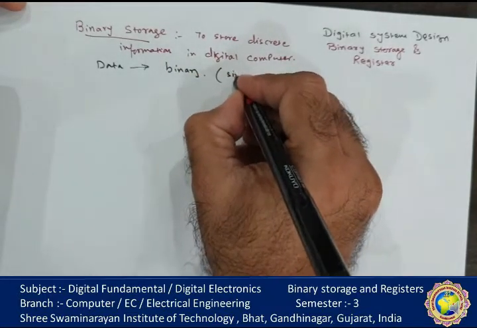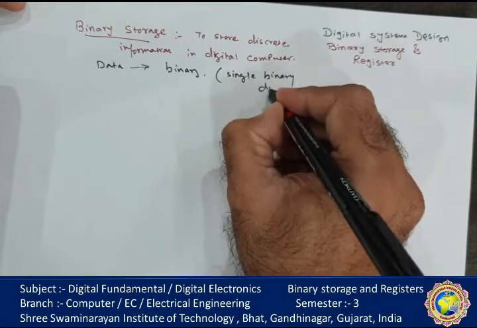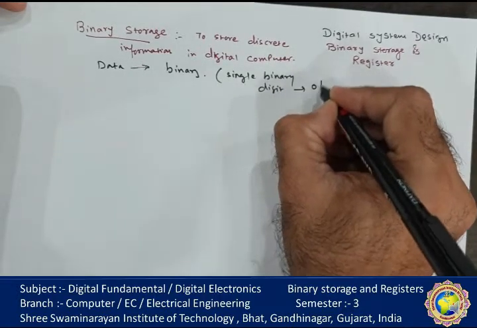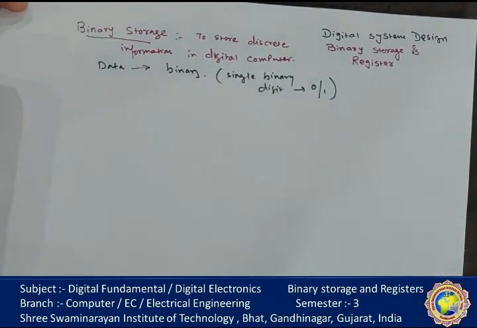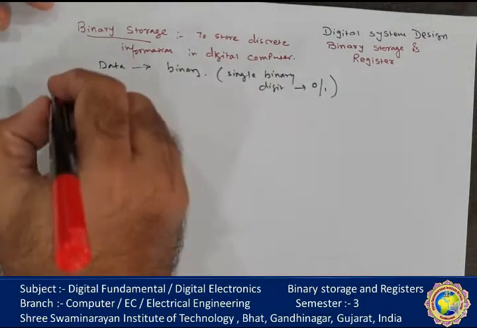Binary means a single binary digit. It may be 0 or 1. So a binary bit which is stored is called, in technical words, a binary cell.